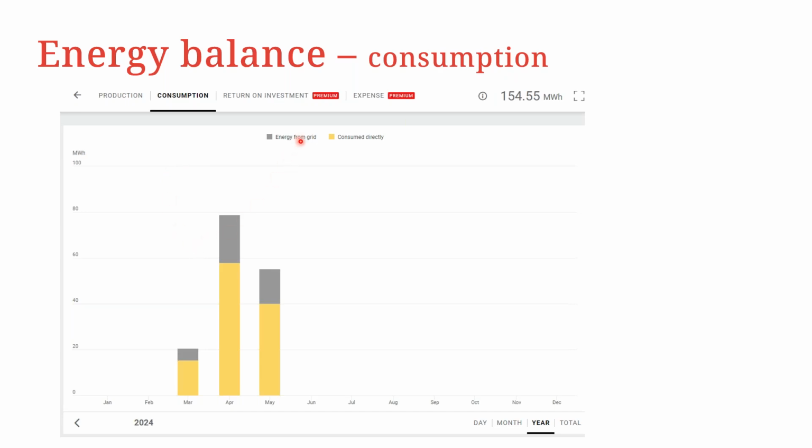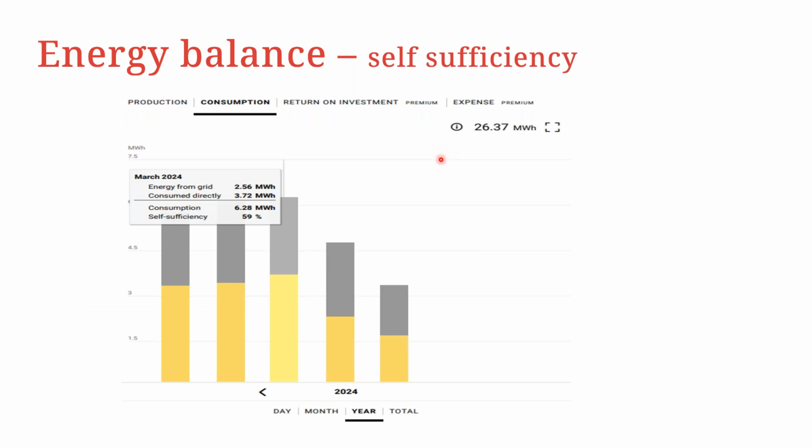So in this particular case, for example, we can see that for these 3 months, March, April, and May, the customer has greatly benefited from the PV system, because we can see this meeting over 50% of the energy requirements for every month. So therefore, the self-sufficiency level is able to be worked out by SolarWeb directly.